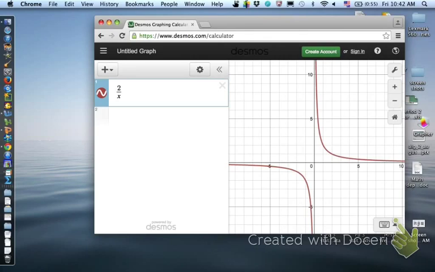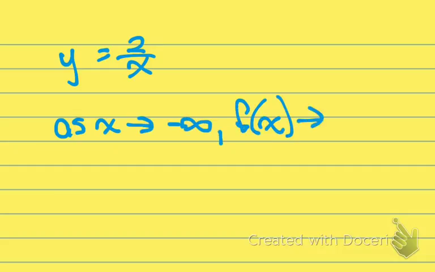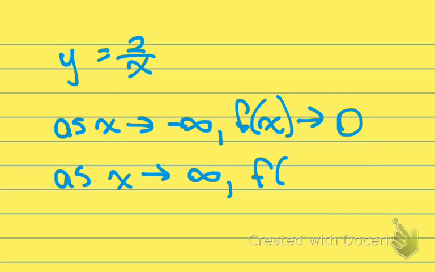So the left end behavior will be as x goes to negative infinity, f of x goes to 0. And as x goes to positive infinity, f of x also goes to 0.